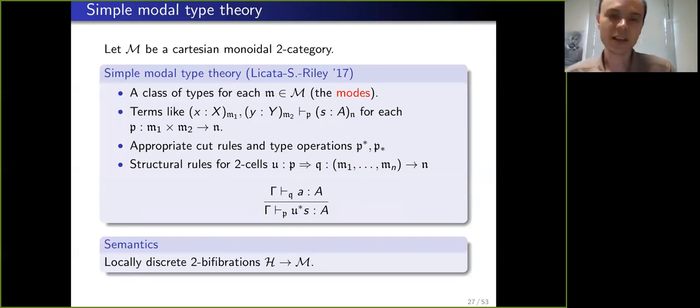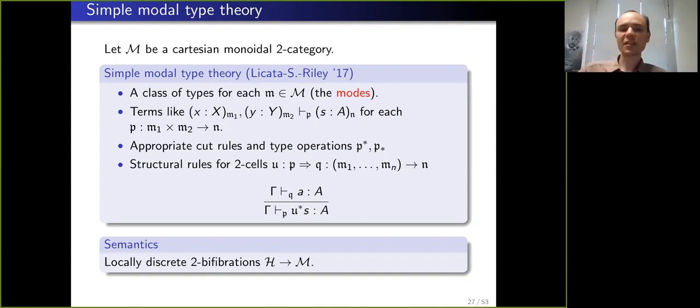So this is the type theory that Dan and Mitchell and I wrote down last year for the simply typed modal type theory, parameterized by a Cartesian monoidal two category, or we actually use a two multi-category, where we have, again, a class of types for each mode, like we did before in the unary type theory.